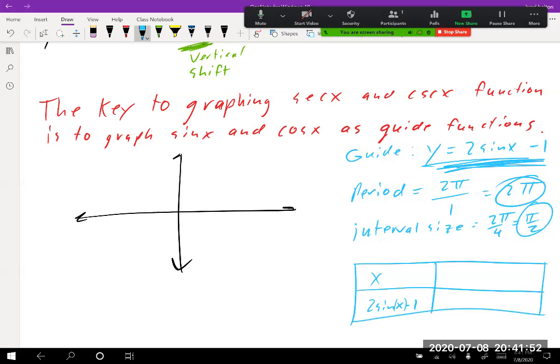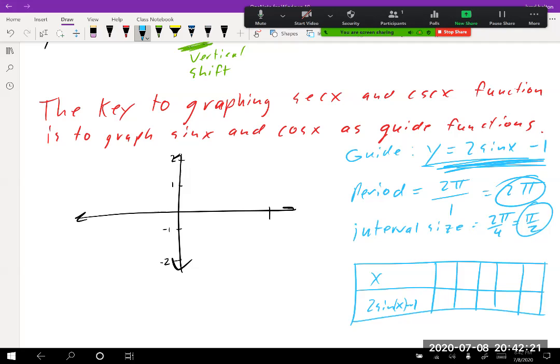Now I'm going to pick my x's, and I kind of already know what's going to happen here, right? I know that I'm supposed to go from here to here, and here's 1, and here's 2, and here's 1, and here's 2.